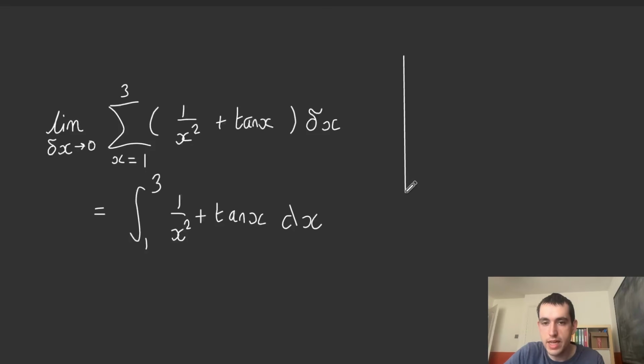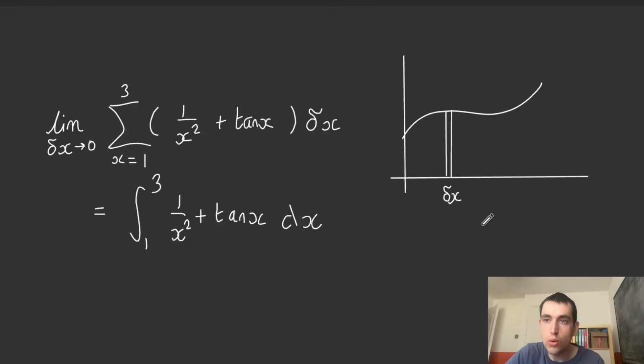What we're looking at here is some function. It could be any function really. And when we say delta x, what we mean by that is some small change in x. So a very narrow, almost rectangular shape.